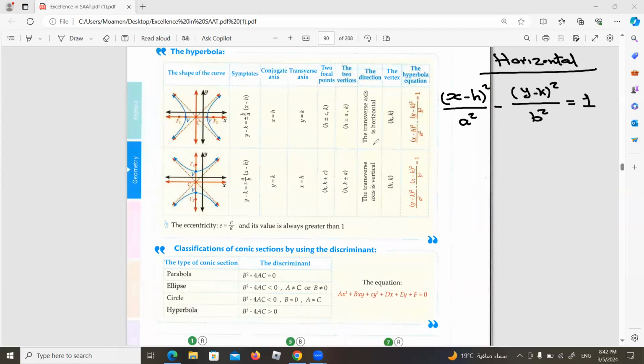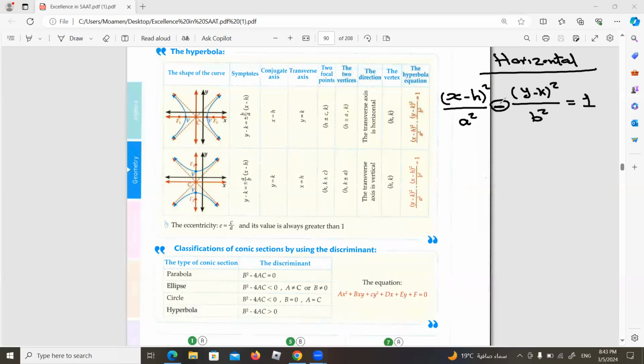It's the same, without any difference? No, we have a small difference. What is the difference? The middle sign. The middle sign here is minus, as you see, but in the ellipse, it was plus.